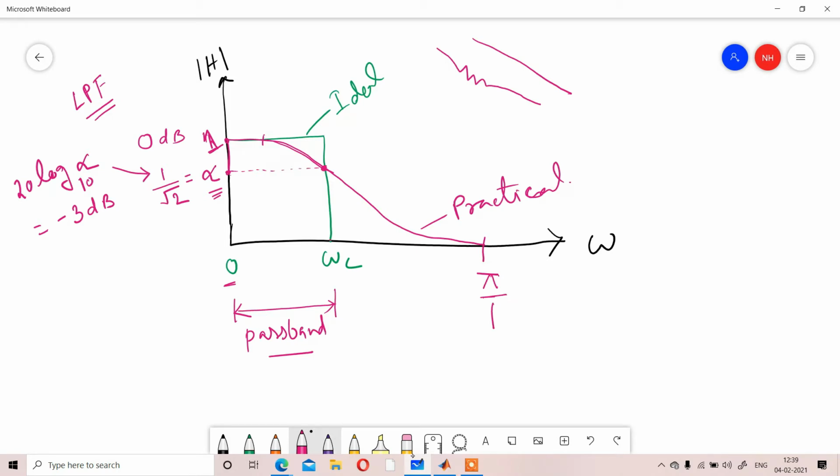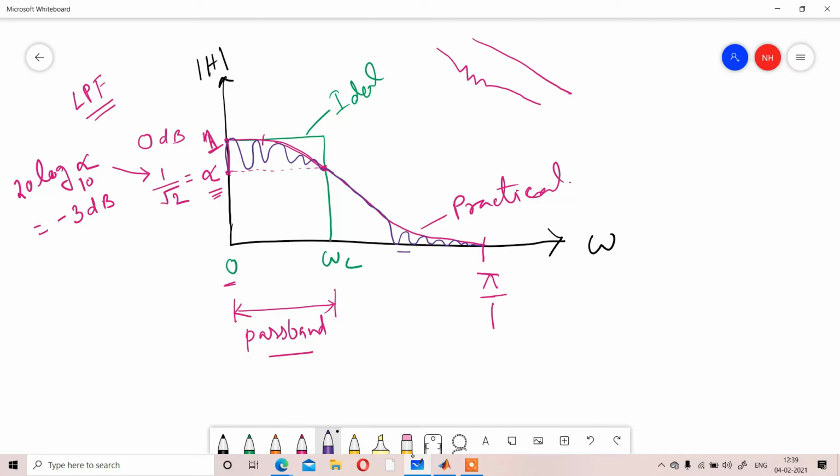But practically, whenever you design the filter, it will not decrease monotonically. You will get a filter like that, meaning here you are getting a change in frequency, down, up, like that. Here also you are getting a change in frequency.